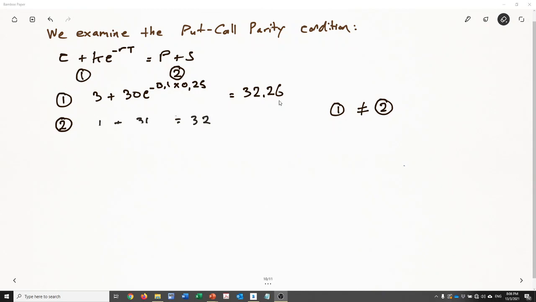Portfolio 1 will not change, the value will be 32.26. Portfolio number 2, $1 for the put option and 31 for the stock, so total is 32, which means portfolio 1 does not equal portfolio 2, and this implies that there is an arbitrage opportunity.